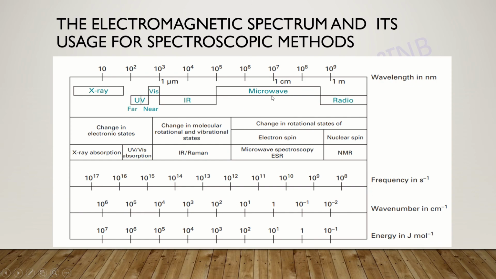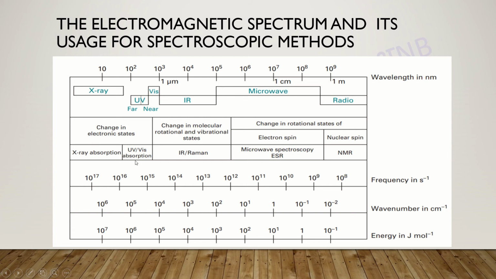The electromagnetic spectrum and its usage for spectroscopic methods. The different types of radiations are X-ray, UV, visible, IR, microwave, and radio wave. As I have already discussed, energy is inversely proportional to the wavelength. Hence, if we arrange them according to their wavelength, the lowest wavelength will be of the electronic transition, then vibrational, and the highest wavelength will be of rotational transition.